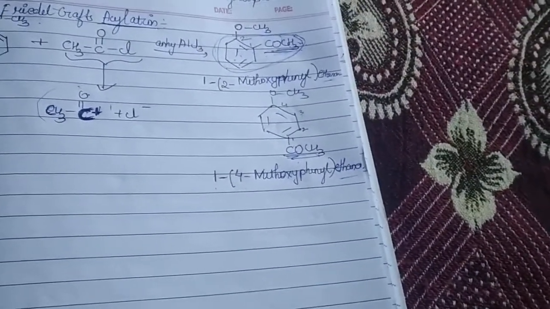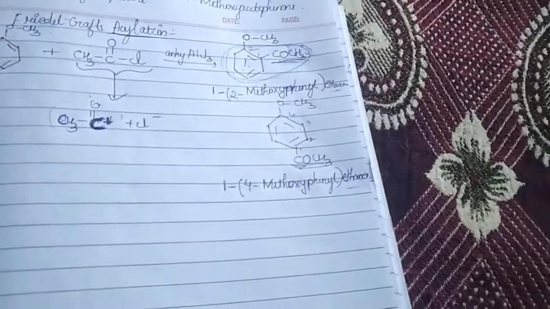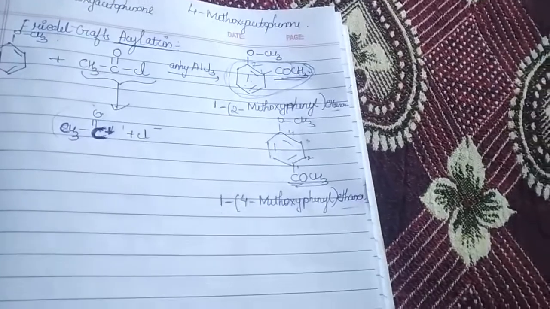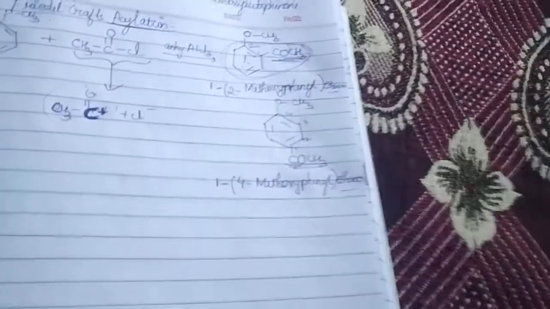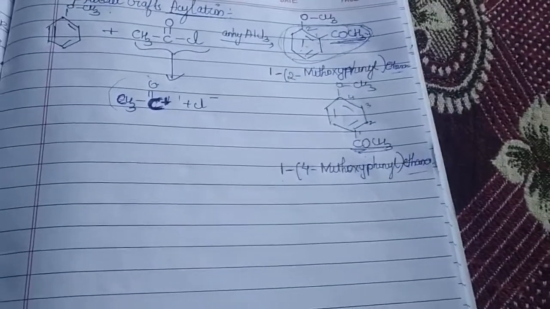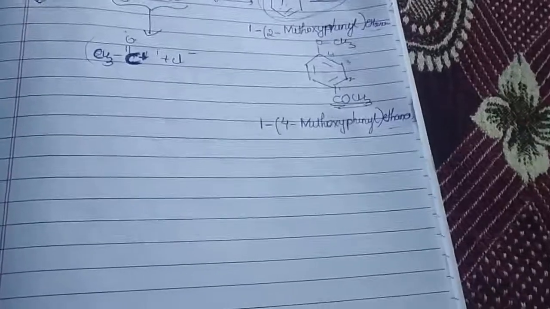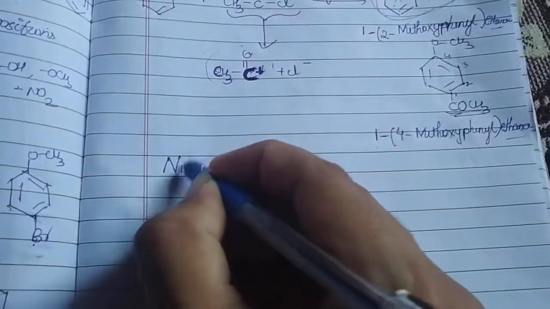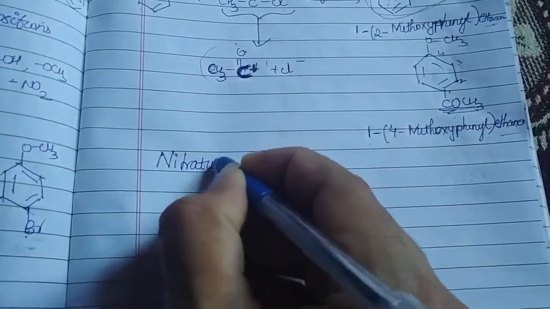So till now we have read about 3 important electrophilic substitution reactions. One was halogenation, second was Friedel-Crafts alkylation, and then Friedel-Crafts acylation. So next let us study the next important and the last reaction, which is called nitration.